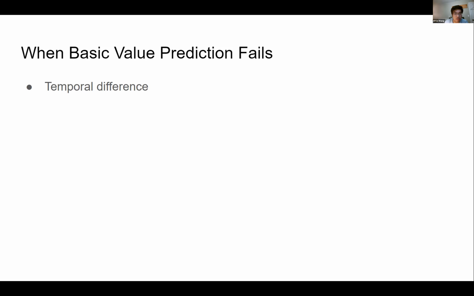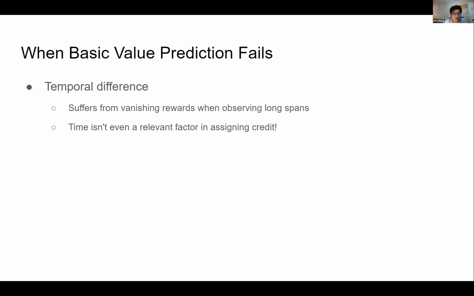It worked for the Dorky environment, but ultimately, in the general case, it does suffer from this sort of vanishing reward, where the longer range our interaction is, the worse off it is at predicting it, because the reward simply vanishes exponentially. And moreover, intuitively, time isn't a relevant factor when we're trying to maximize reward in these environments where we just earn a flat reward for reaching an objective. So this is kind of a hackneyed solution when we think about it.